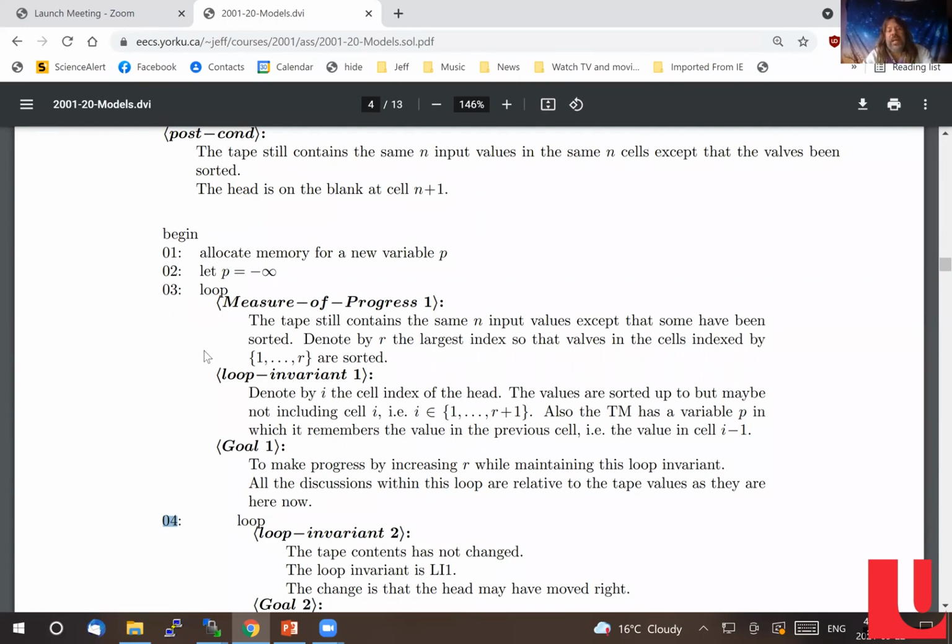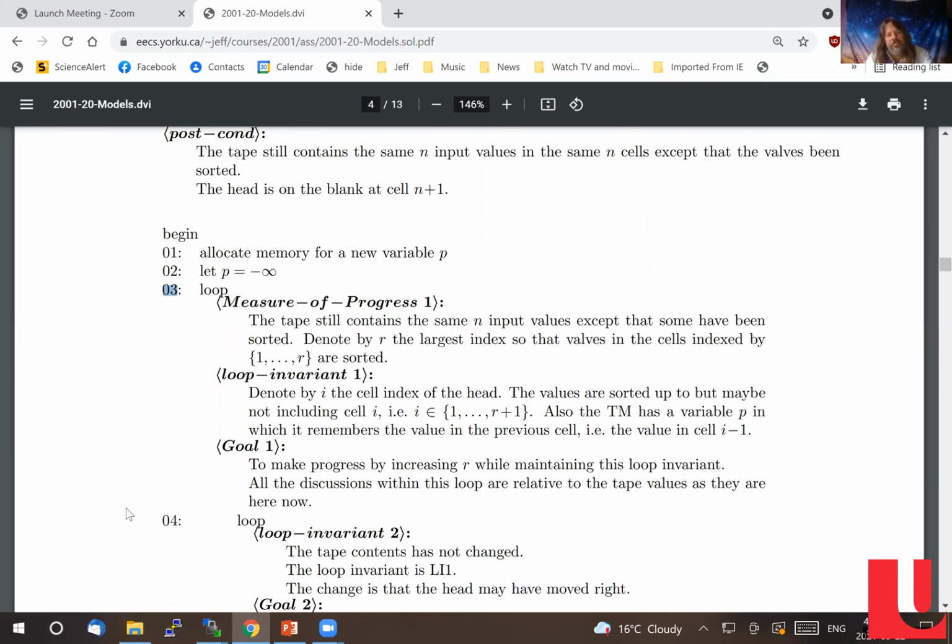Yes. And you might want to ask, why is that? Well, it's because I first said to myself, Jeff, where do I want checkpoints? And I first thought I could have a checkpoint at line 3 because it's the top of the loop. So what does the code do? It's at line 3, then it's at line 4.